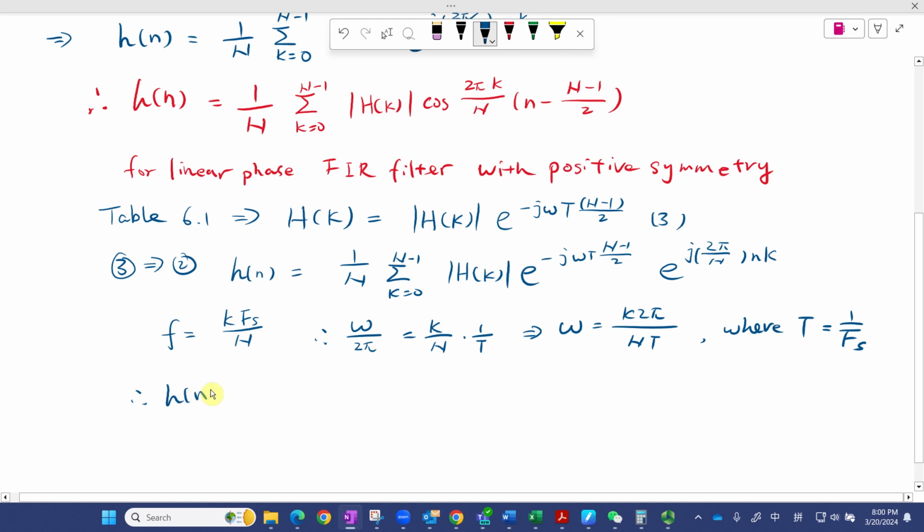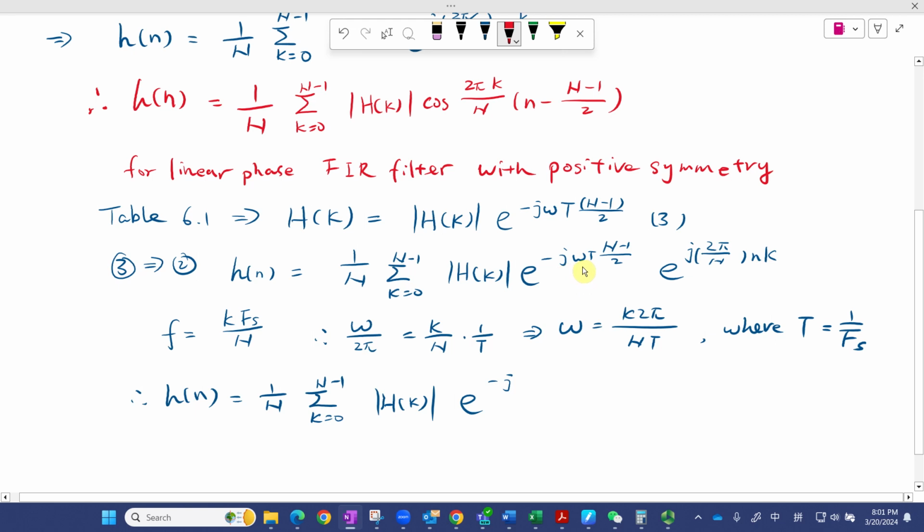So h[n] equals 1 over capital N, the sum from k equals 0 to N minus 1, of capital H[k], the magnitude, e to the power of negative j. Here we have something changed. You can see the omega here.